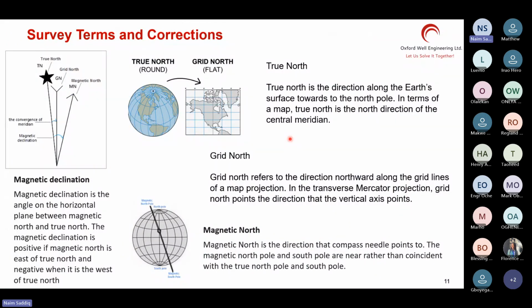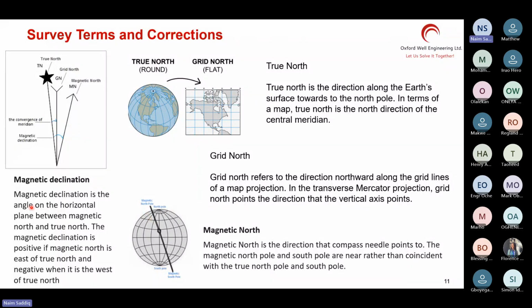Now, let's talk about survey correction. Whenever you take a survey using the MWD LWD tool, it uses the magnetic north reference. The survey you get out of LWD, MWD requires certain corrections, and those corrections are applied to all the surveys.